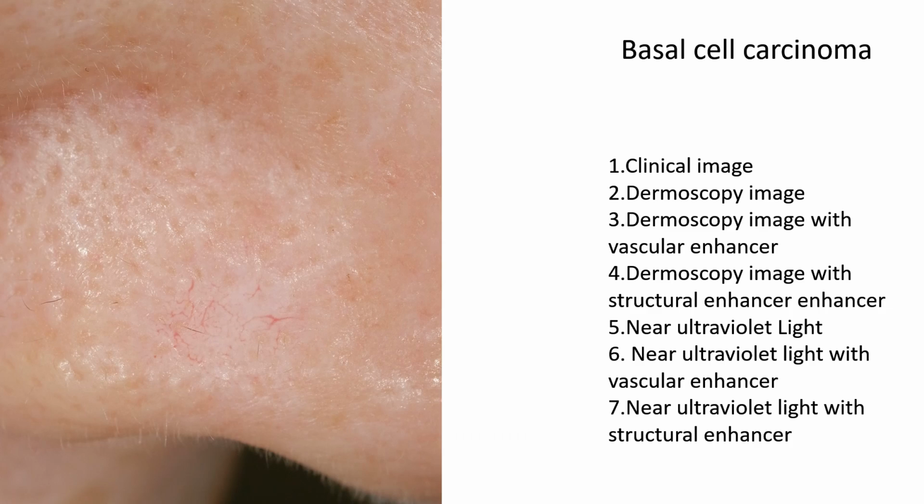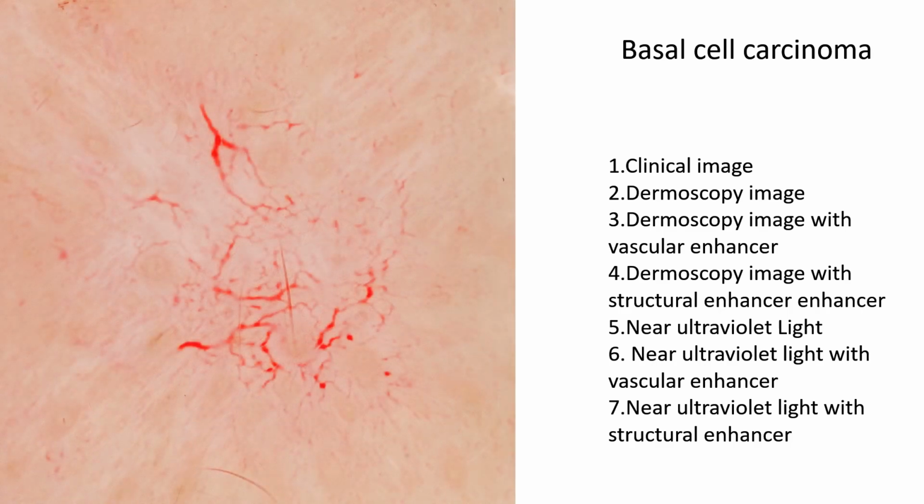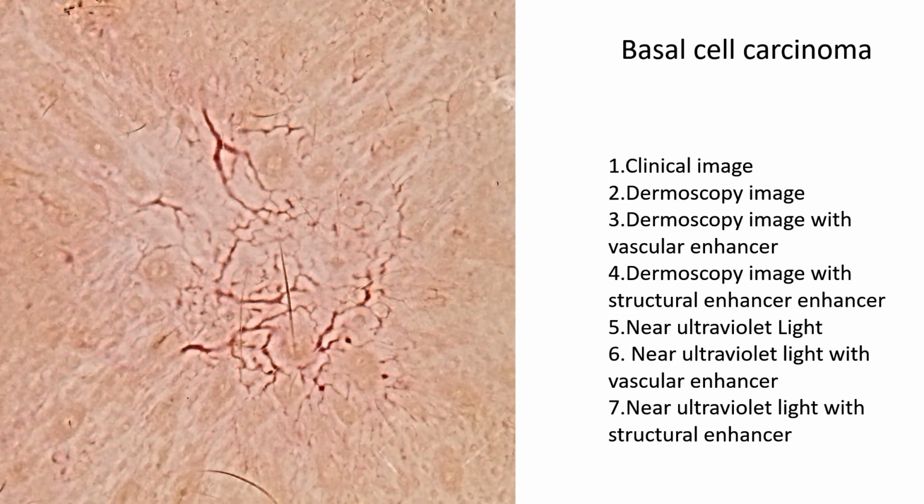Final case is this particular lesion, whitish area with perhaps some vessels clinically of the right alar rim, tough area. Dermoscopically, though, you're starting to see some of the serpentine vessels. Here you see them quite nicely with the vascular enhancer, with the structural enhancer.